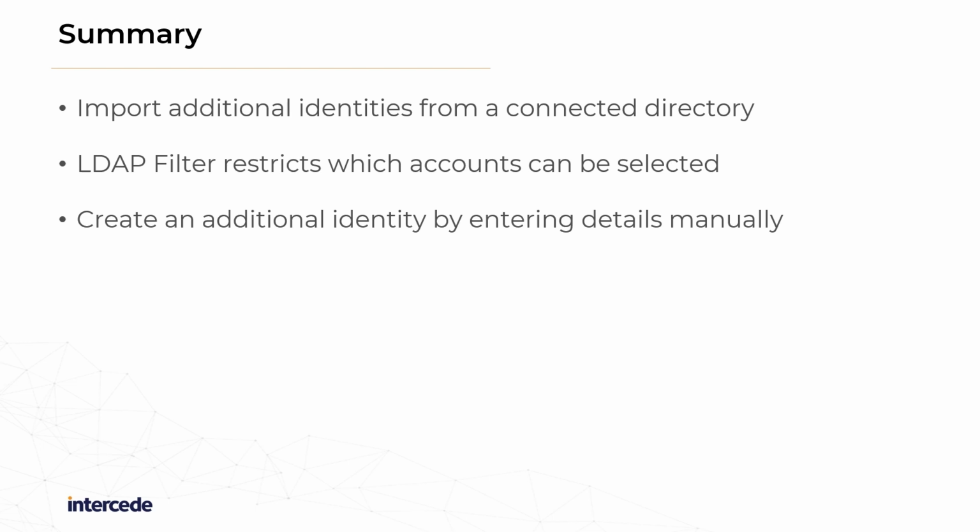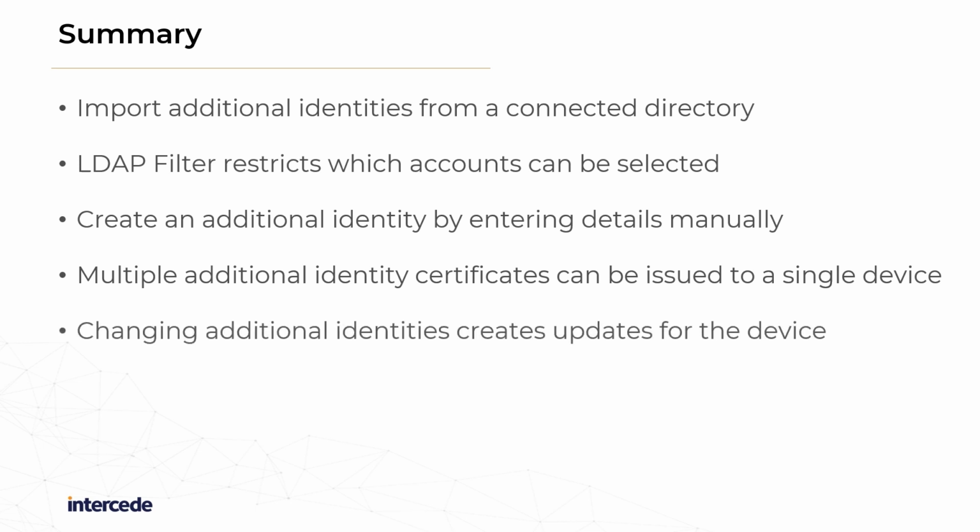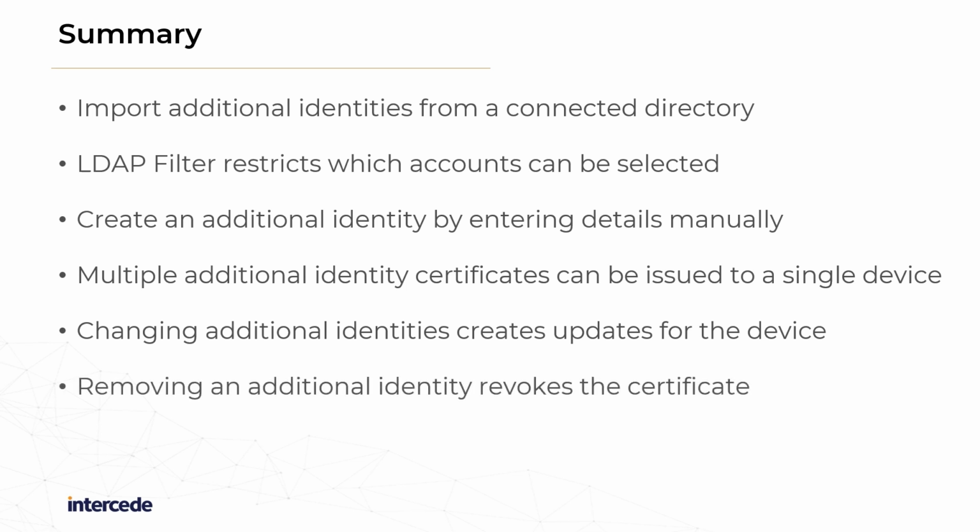You can put multiple additional identity certificates onto a single device and change them at any time. Updates will resync the certificates, removing or adding certificates as necessary, and removing an additional identity from the account will revoke the associated certificate, and all managed via Operator Client User Interface or the MyID Core API.